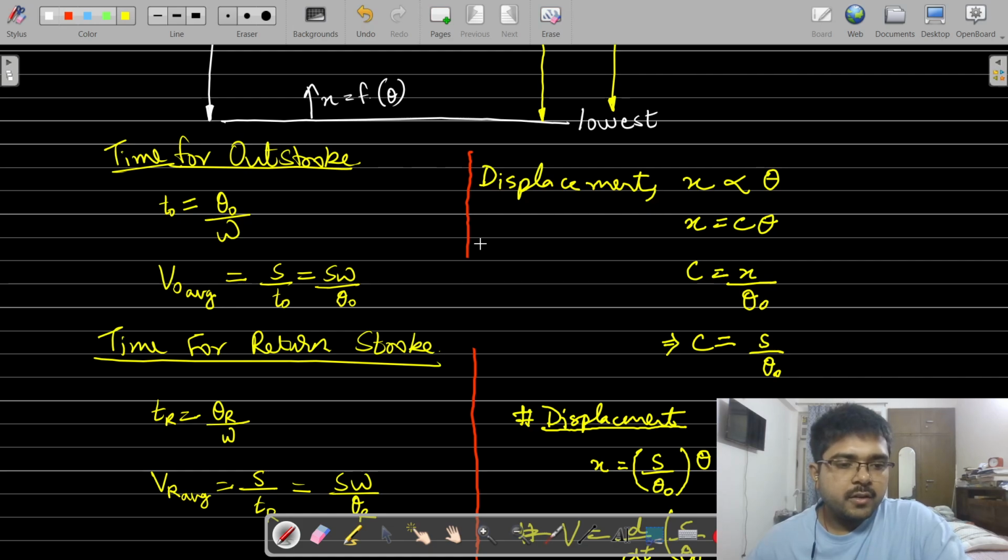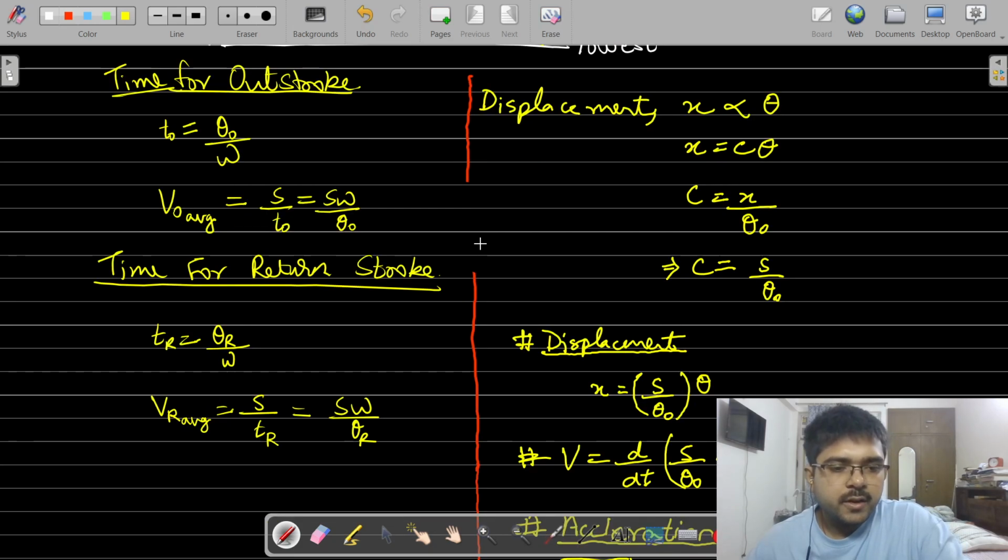Now time for return stroke, TR equals theta r by omega, VR average is equal to S by TR equals S omega by theta r. So that is what is called VR average, the average velocity of the return stroke.